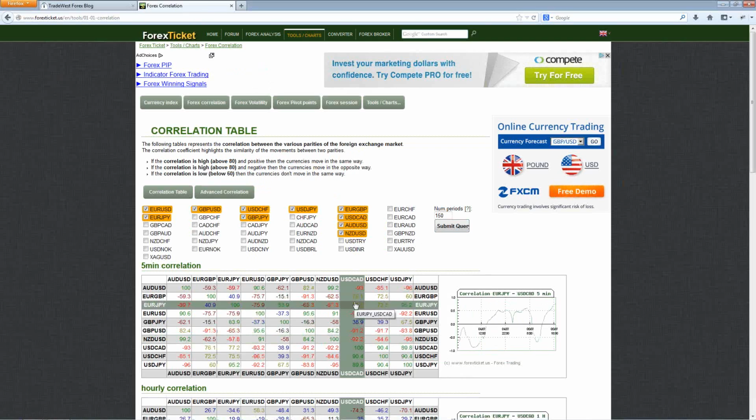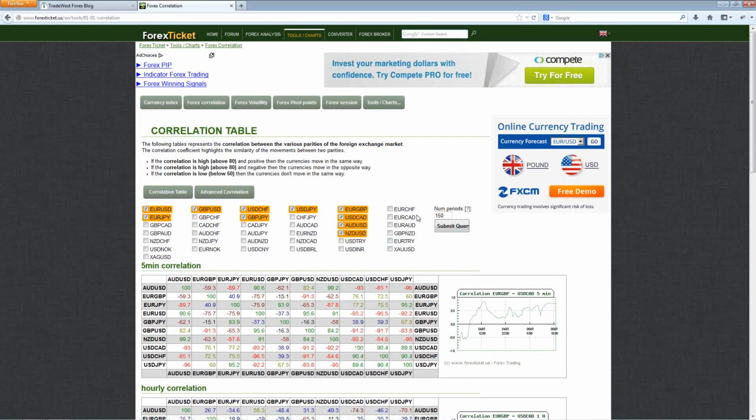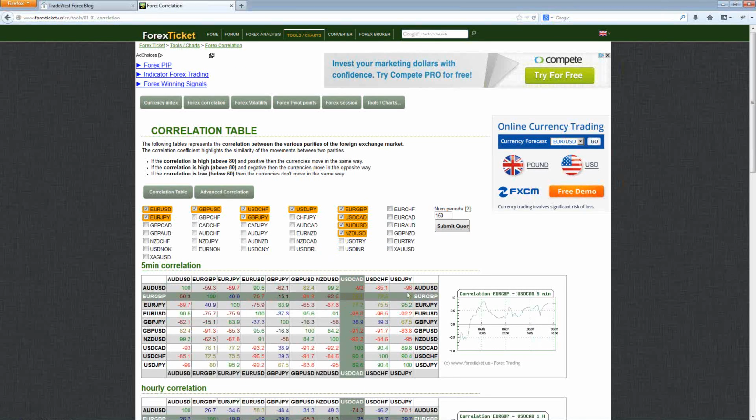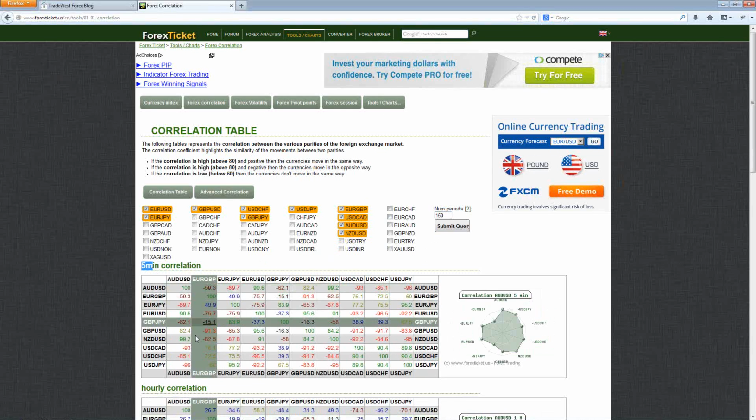So hopefully that makes sense, even though I kind of went the wrong way at first. The way I went would be more like looking towards a 1 minute, really short term. So anyways, 150 will get you about what a 15-minute table would look like. But it's really not designed where you go on your 5-minute chart or a 15-minute chart and you need to have a 15-minute table.